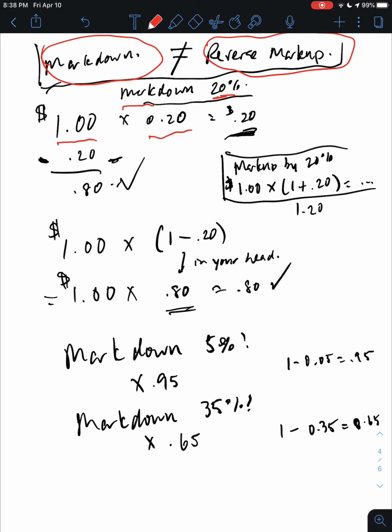Remember, I just moved the decimal point 2 places, and I get 20 cents of a markdown. So $1 minus the 20-cent markdown gives me 80 cents. So that's the correct answer. That is a $1 markdown by 20%.